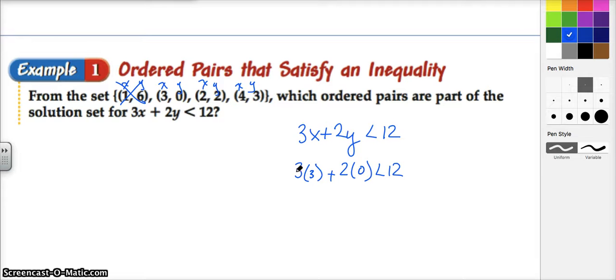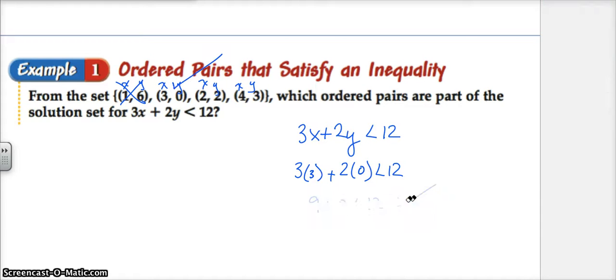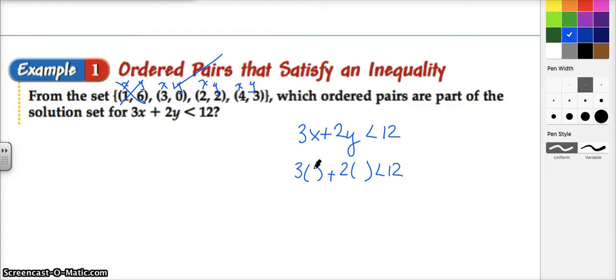So 3, 0. When I plug in 3 for x and 0 for y, will this work? 3 times 3 is 9 plus 2 times 0 is 0. Is that less than 12? Aha, it works. So this is a solution. Again, I'll delete that and try the next one. Let's plug in 2, and I get 6 plus 4, which is indeed less than 12.